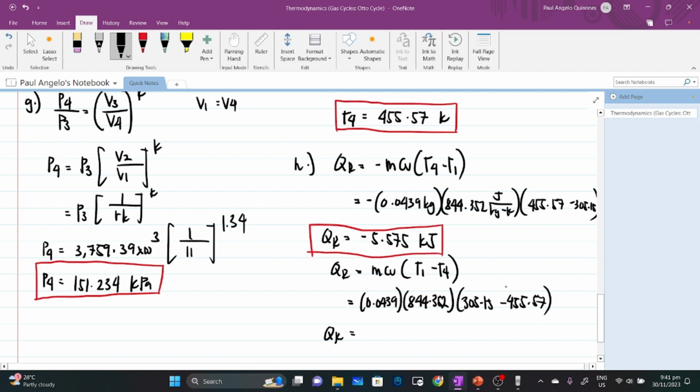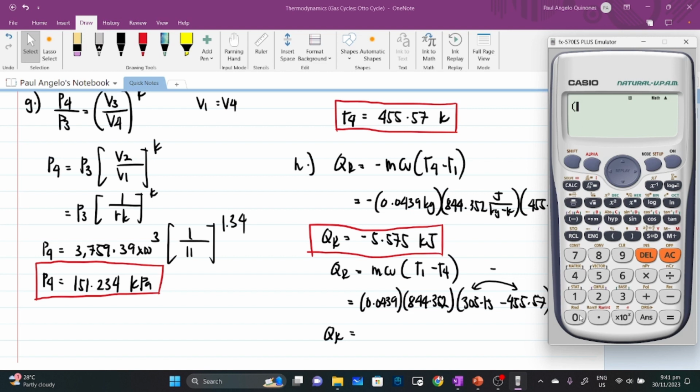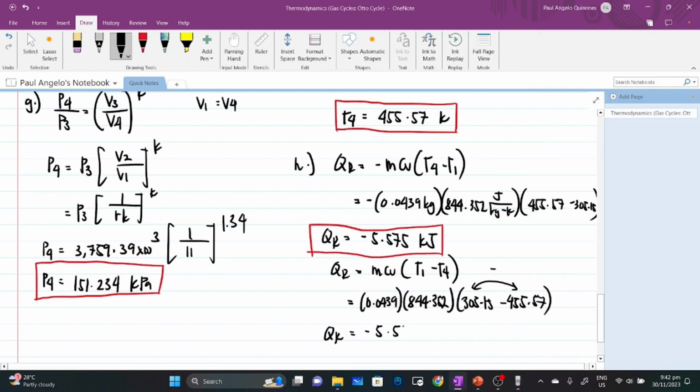The difference of these two, if you subtract them, will correspond to a negative value. So if we solve that, we have 0.0439 times 844.352 times 305.15 minus 455.57. Eventually you will have the same magnitude, which is negative 5.575 kilojoule. Okay, so it will be the same regardless of the type of equation that you've used.